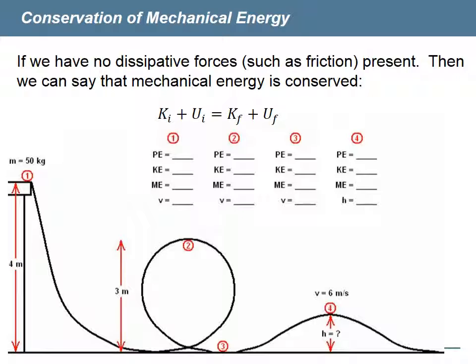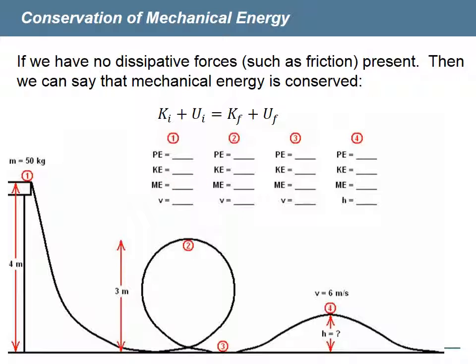So that is equal to 1,960 joules right here. So my total energy, which I'll just put ME, for mechanical energy. The total mechanical energy is 1,960 here, and this is 0 here. I add these up, and I have 1,960 joules of total energy.